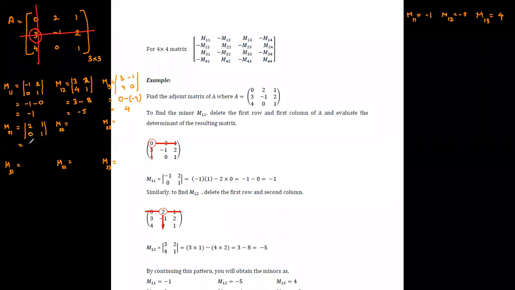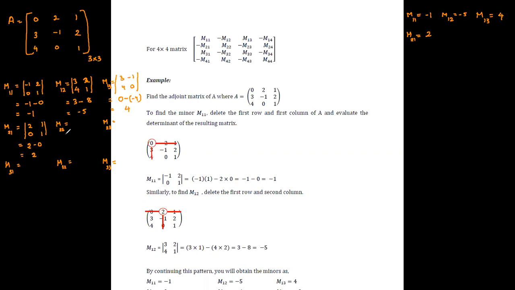This equals 2 minus 0 equals 2, therefore we can take M21 equals 2. Repeating the same concept for obtaining the minors, we can obtain the minors for the remaining elements as well.